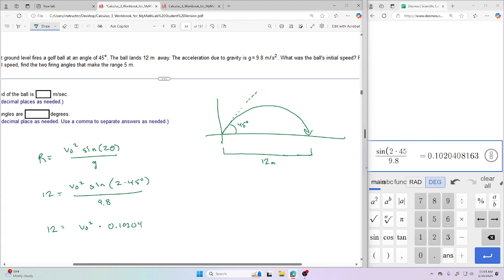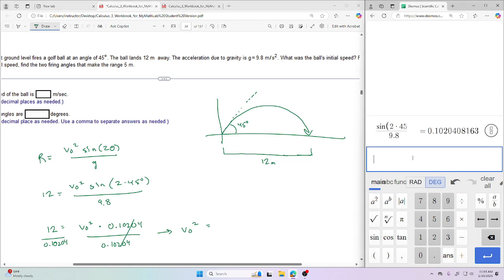But there's so many easier ways to do this. 2 times 45 is 90. Sine of 90 is 1. So you can just get rid of it, divide, multiply to 9.8. Whatever you want to do. I'm just trying to show you, in case it's a different angle. Then you could do this.